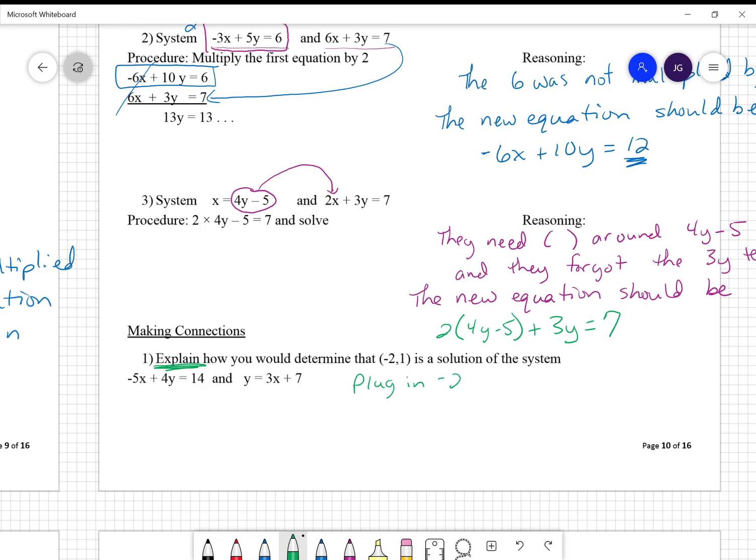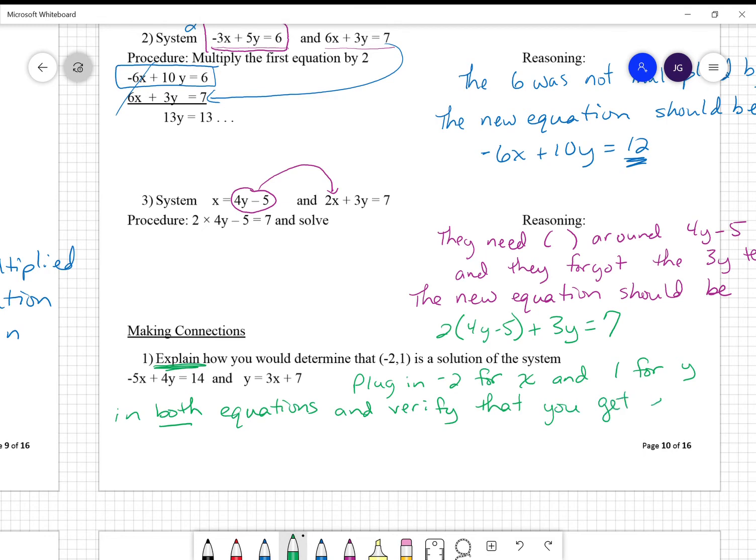Plug in -2 for x and 1 for y in both equations, and verify that you get equal values in both equations. Okay, next one.